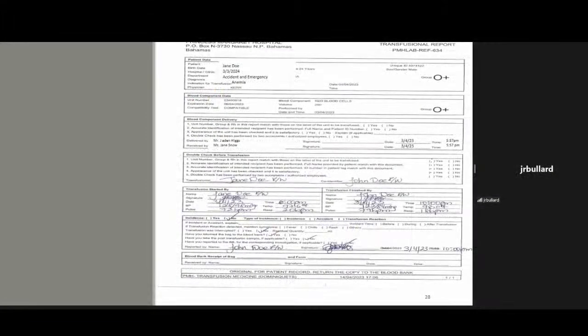Those should be indicated on the same form. There are areas here that you need to indicate. Also, signatures should be placed in the given areas to show who the responsible person would have been for transfusing the units to the patient.